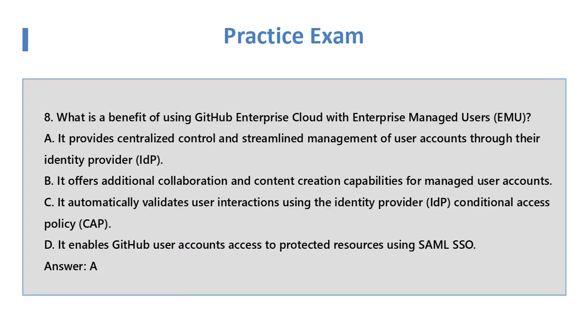8. What is the benefit of using GitHub Enterprise Cloud with Enterprise Managed Users, EMU? A. It provides centralized control and streamlined management of user accounts through their identity provider, IdP. B. It offers additional collaboration and content creation capabilities for managed user accounts.